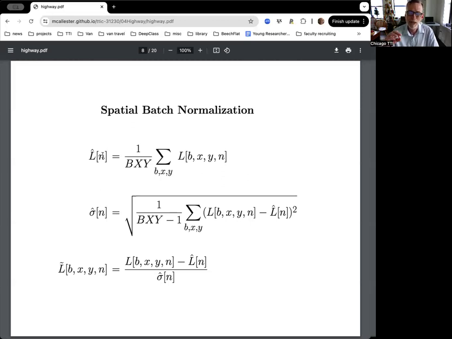So we're getting a much larger sample of values: a sample of values at each batch and at each position within each batch element. And we do the same thing, but we're just averaging over the position. And then we get something that's normalized. We compute it at a given batch in a given XY position, but we subtract the mean and the standard deviation measured across all batch elements and all positions.